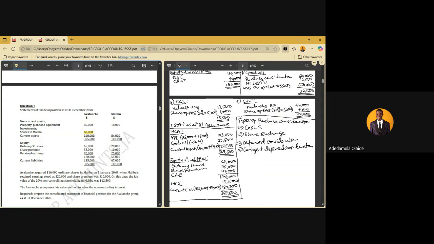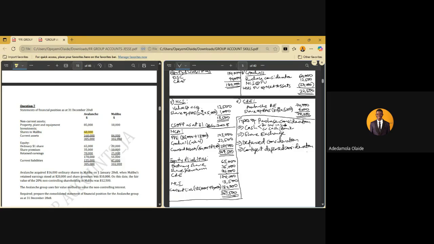That was what we took as the purchase consideration, because it is cash consideration. When it is cash consideration, the double entry, in the separate financial statement of the parent, is to debit investment in subsidiary and credit cash or bank. That's for cash consideration. We don't really have much on it.